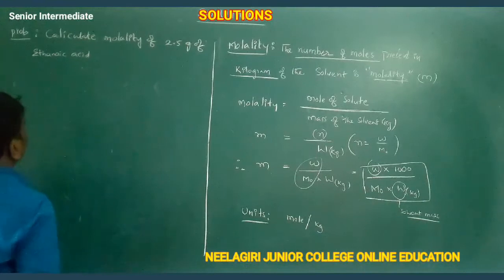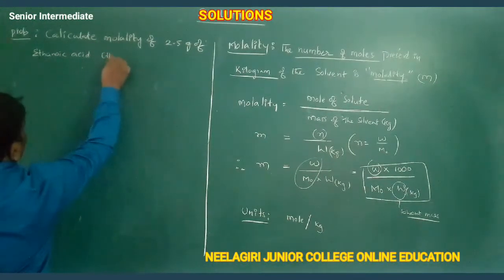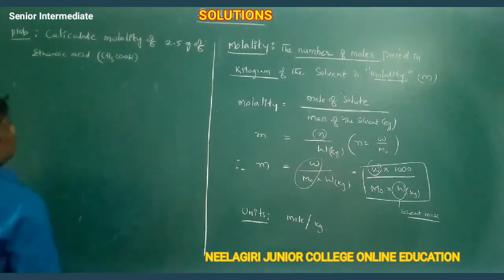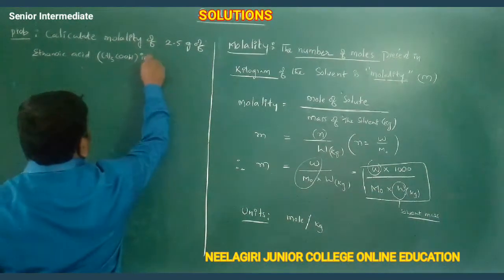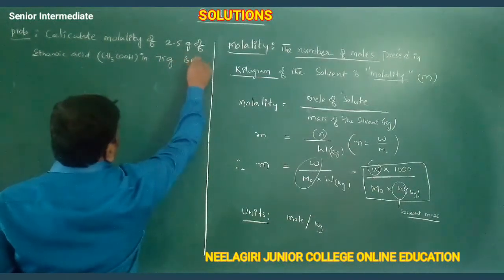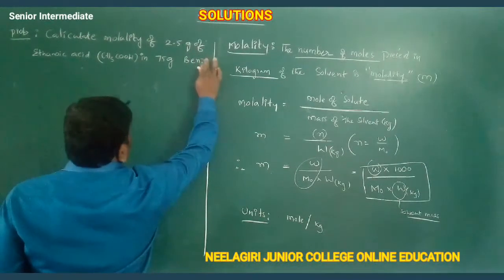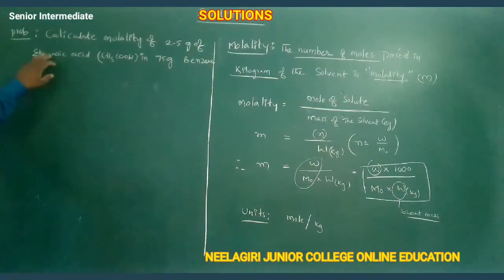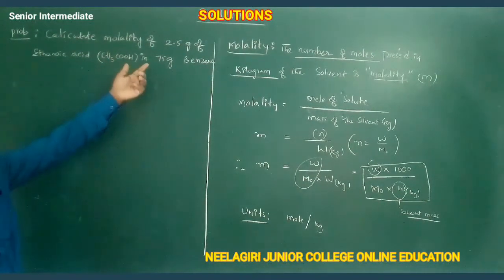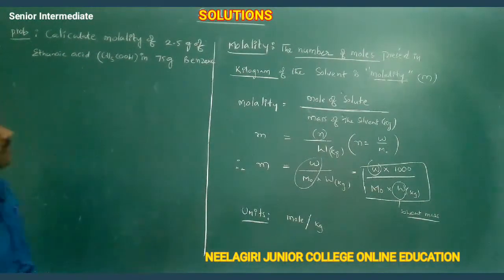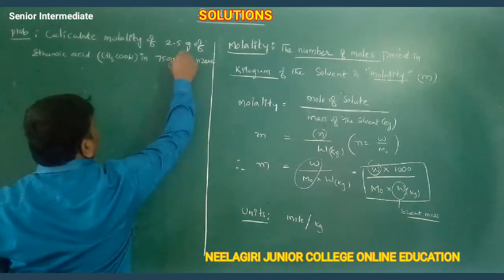What is the formula of ethanoic acid? CH3COOH. Ethanoic acid present in 75 grams of benzene. This is the problem: calculate the molality of 2.5 grams of ethanoic acid in 75 grams of benzene.